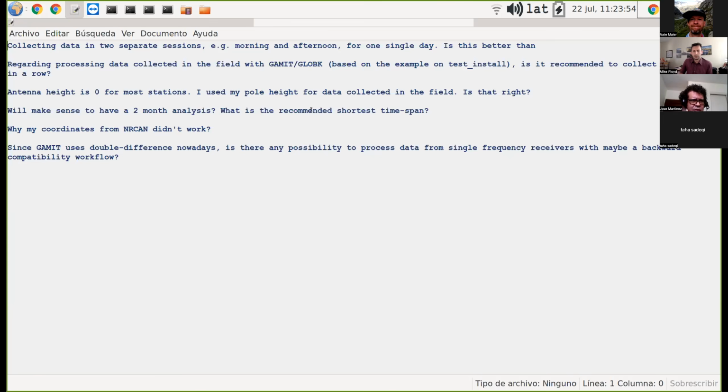Are those 3 days better than collecting 1 day in January, 1 day in February, and 1 day in March? What is a better solution? I'm talking about one site.